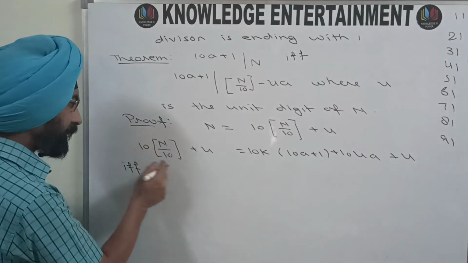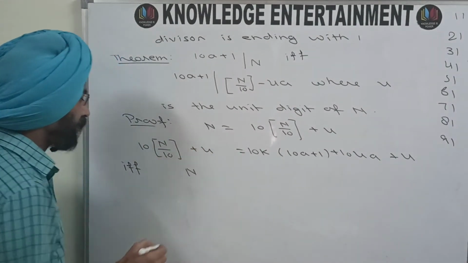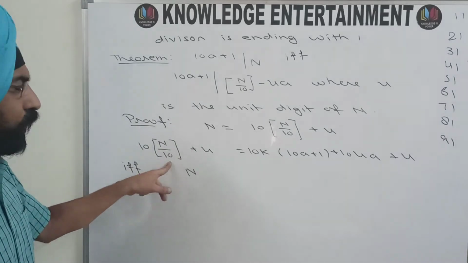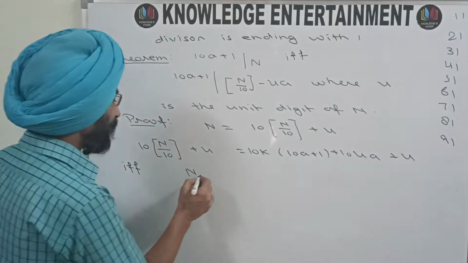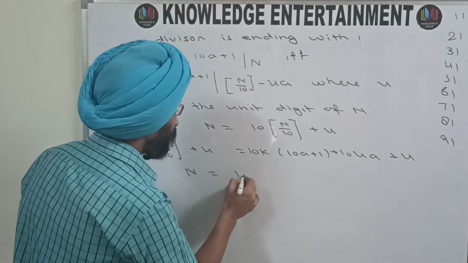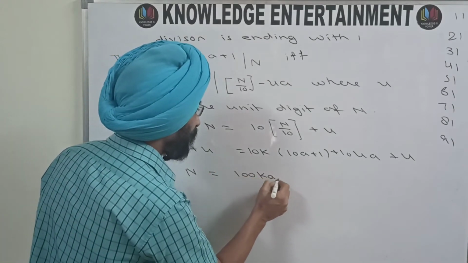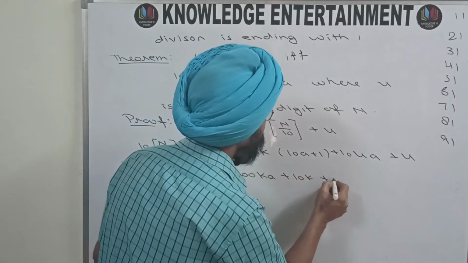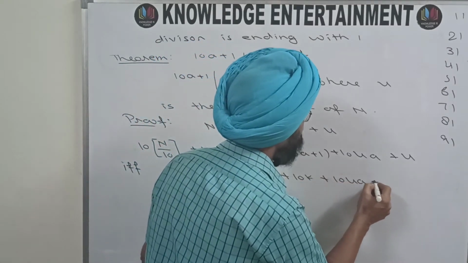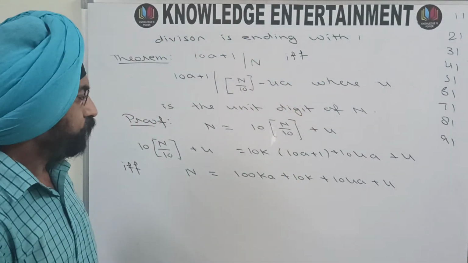What you are going to get, this number is your n now. 10 times floor of n by 10 plus u, this is your number n. So n is equal to, now it is 100ka plus 10k plus 10ua plus u.